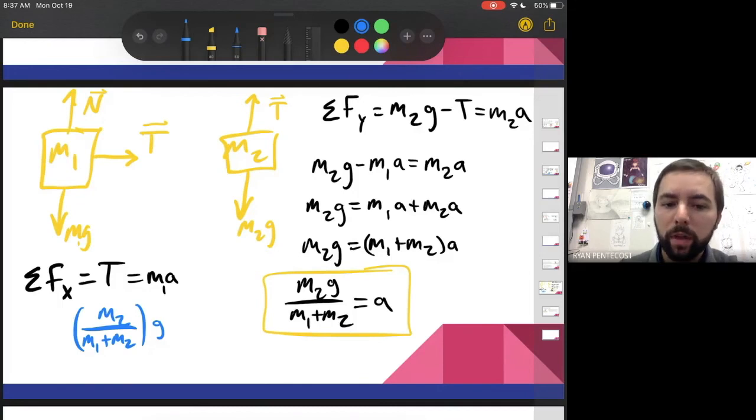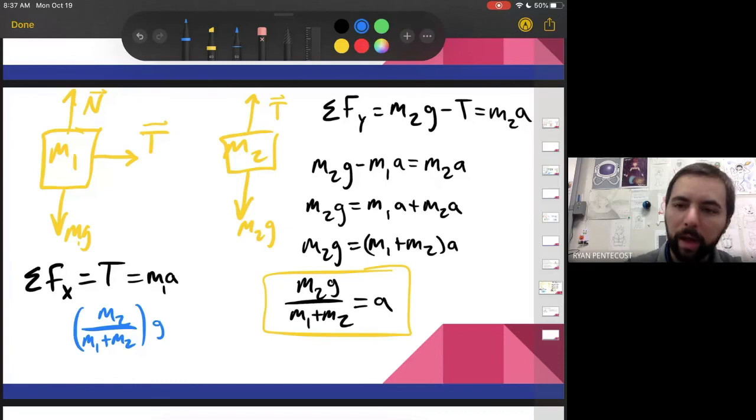If there was no other block, then we would have an acceleration of g. You would have m2g pulling down and tension pulling up. But if there was no mass on the other side, there would be no tension, and you'd just have m2g straight down, and then your acceleration would be g.